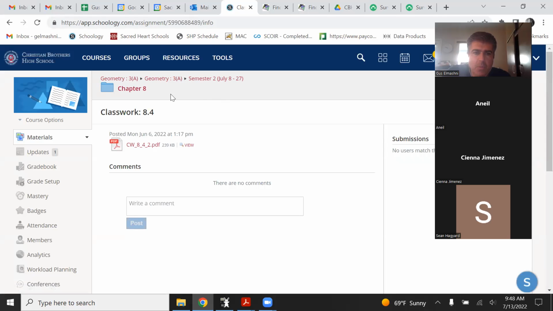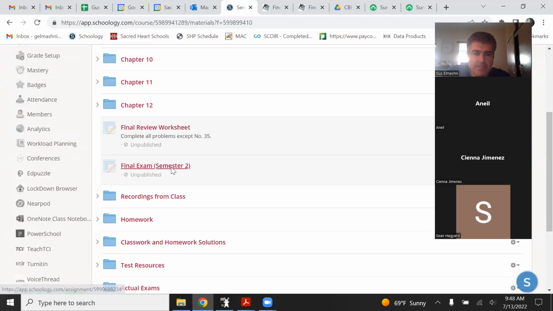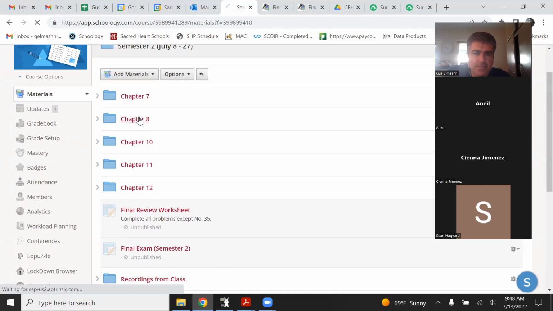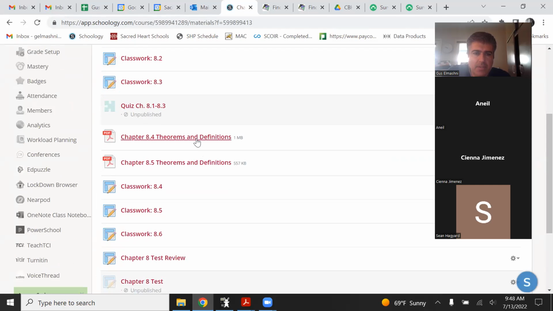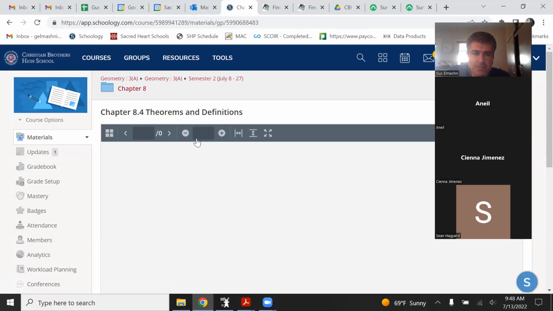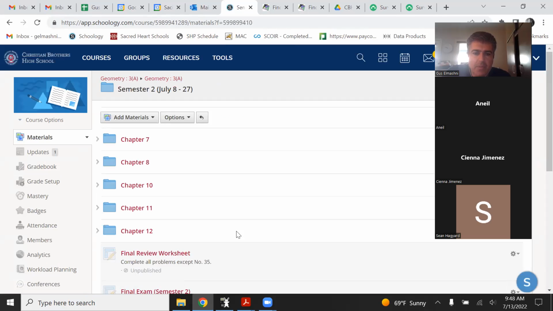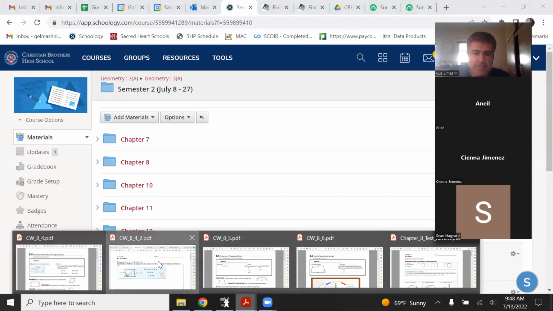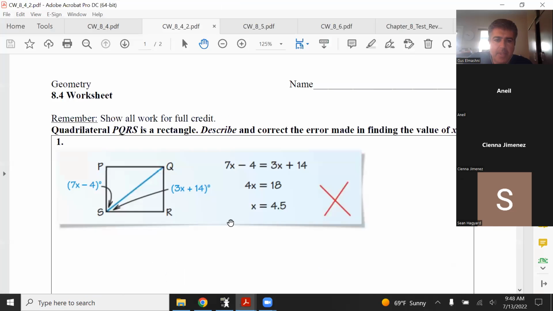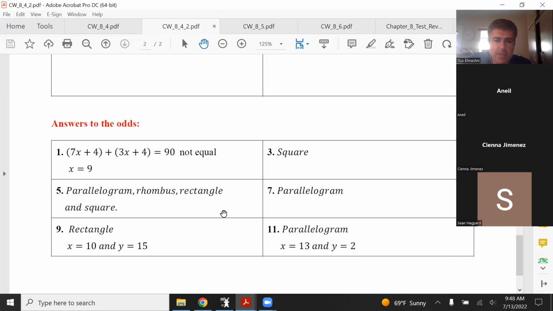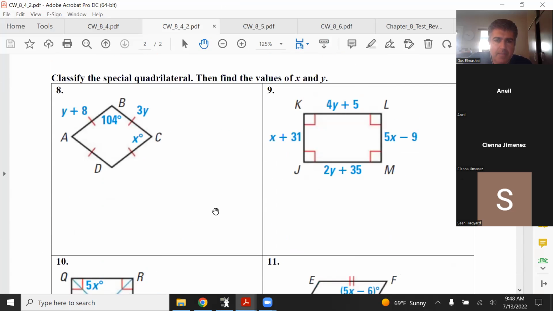So what we just did was the theorems and definitions. So you'll work on this worksheet. I believe the odd answers should be displayed.